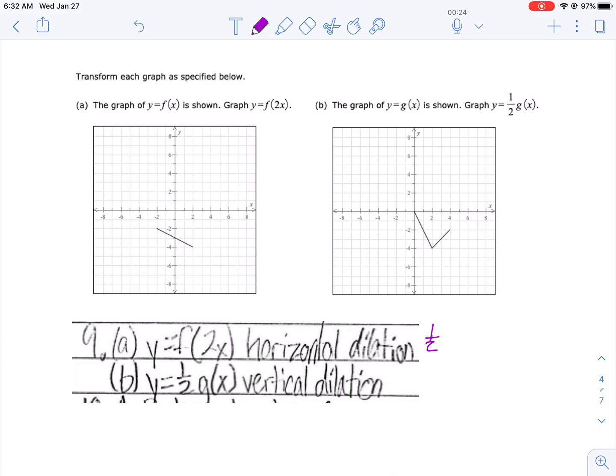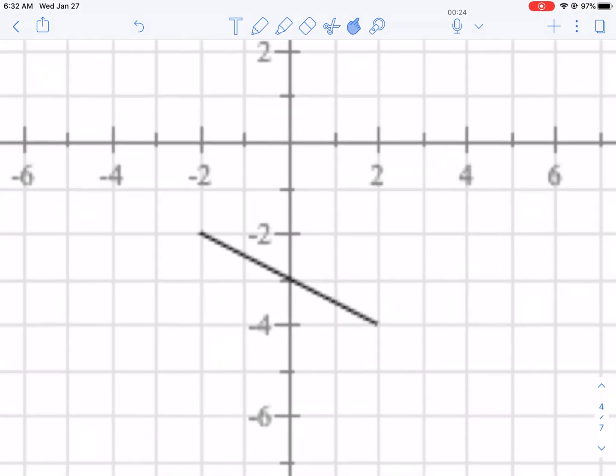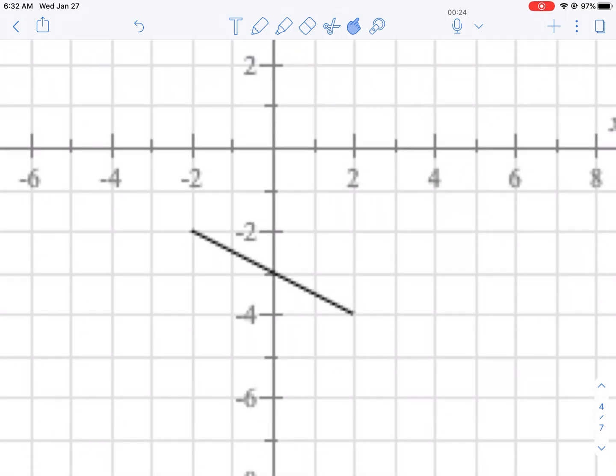I'm going to take x divided by 2. Well, let me blow up my graph here. What's negative 2 divided by 2? Well, that's negative 1. What is 2 divided by 2? Well, that's positive 1. They keep the same y values, so there is your new line.